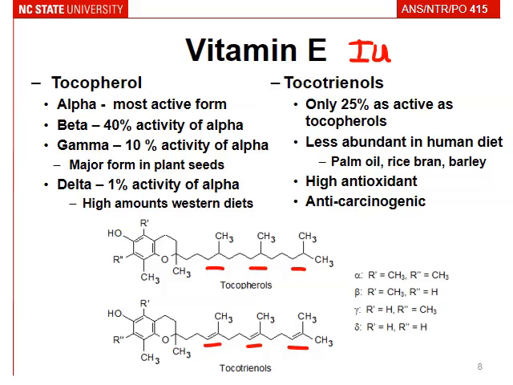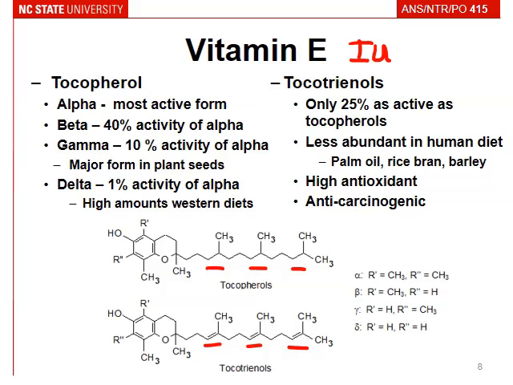And as I mentioned before, we have these different homologs. So we have alpha. Alpha tocopherol is the most active out of all of the vitamin Es. Next, we have beta tocopherol, and that's 40% of the activity of alpha.